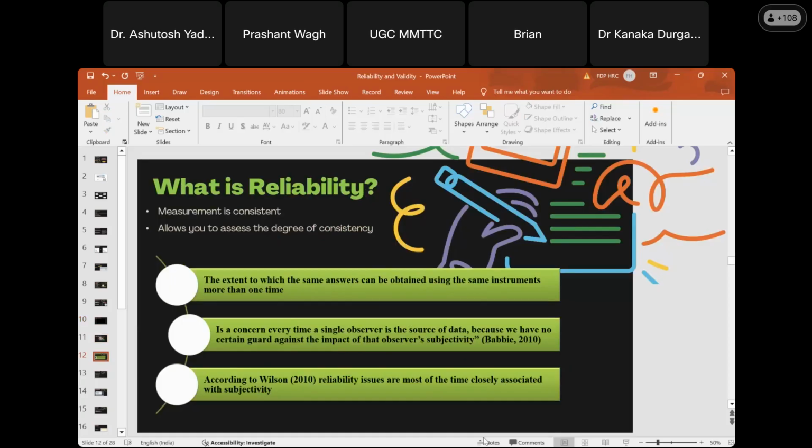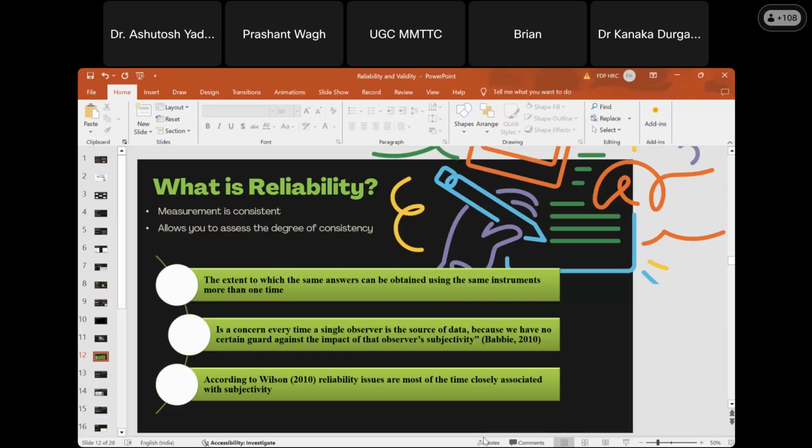For example, if you scored 95% on a test the first time and the next time you score 96%, still your results are reliable. So even if there is a minor difference in the outcome, as long as it is within the error margin, your results are reliable. So reliability allows you to assess the degree of consistency in your result. So if you're getting similar results, reliability provides an answer to the question of how similar your results are.